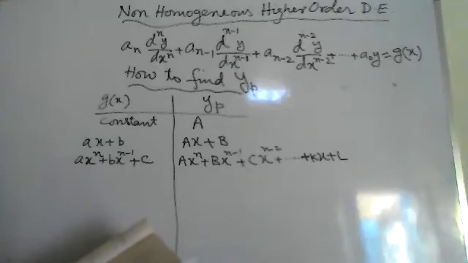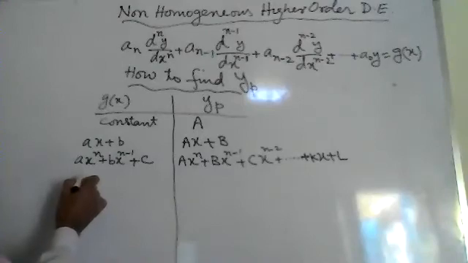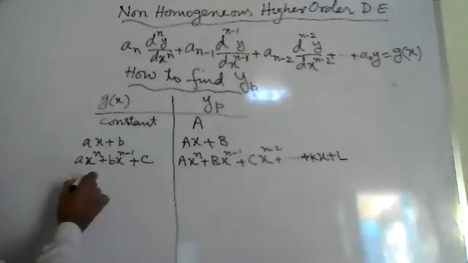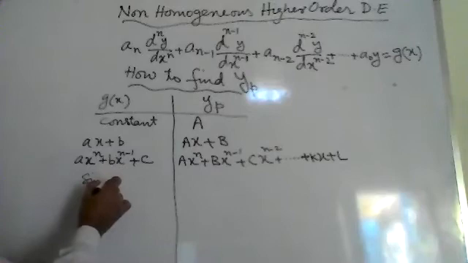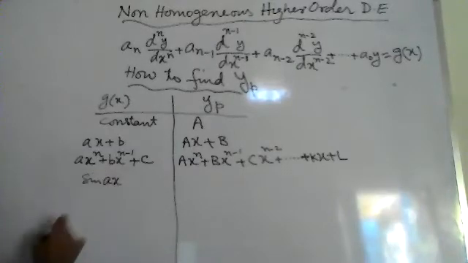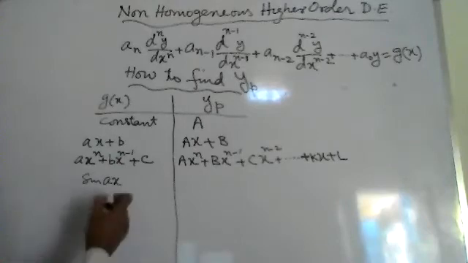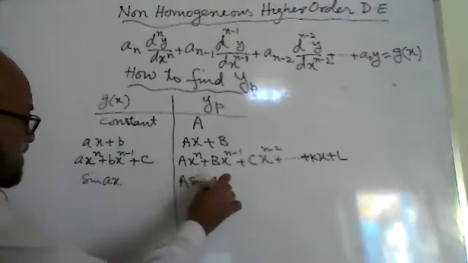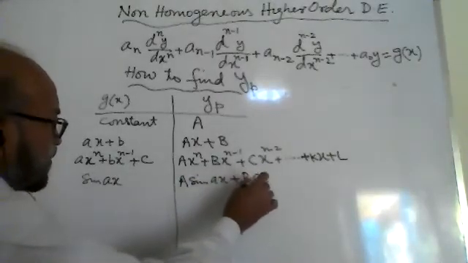If g(x) is a trigonometrical function, it may be sine ax, etc. So we will take A sine ax plus B cos ax.